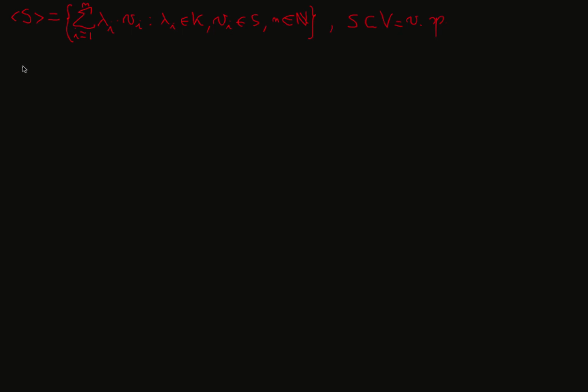Indeed, we have the following result. Notice that if W is a subspace of V, so when we indicate a subspace, we indicate some vector space on the left and another vector space on the right, related by this symbol.